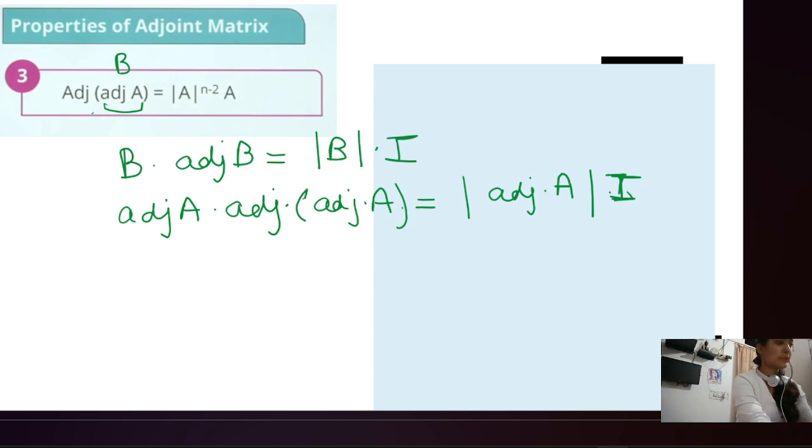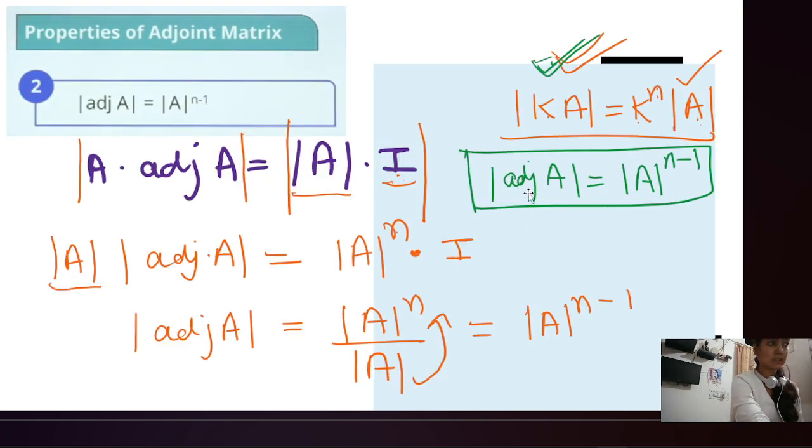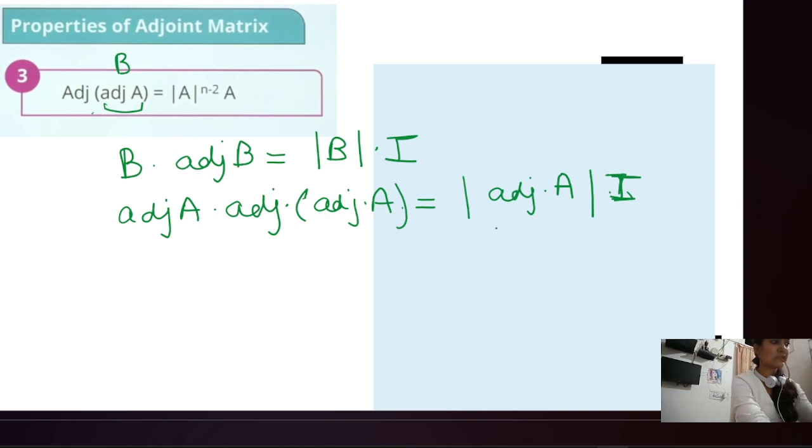So from here, we know that the determinant of adjoint of A we have already proved: it is equal to determinant of A power n minus 1. So we can use this property here, right? So in place of this, we can write determinant of A power n minus 1 times I. Okay, is this fine?